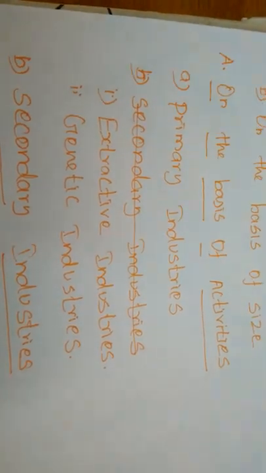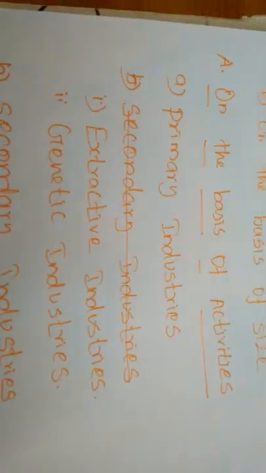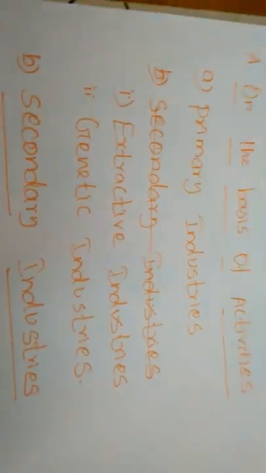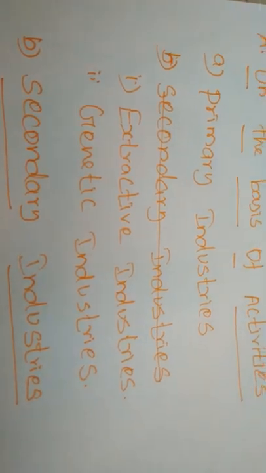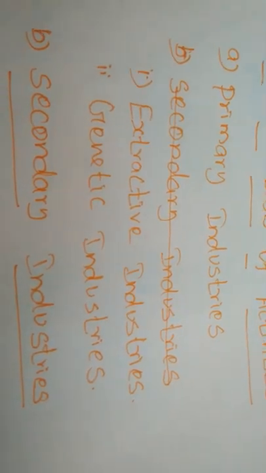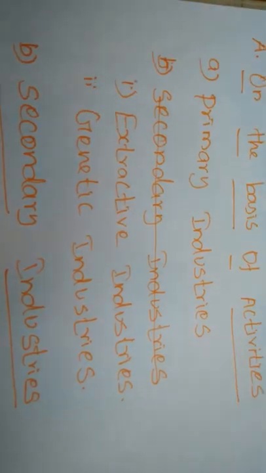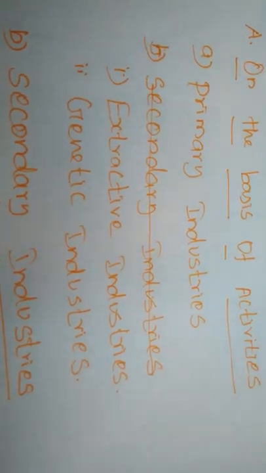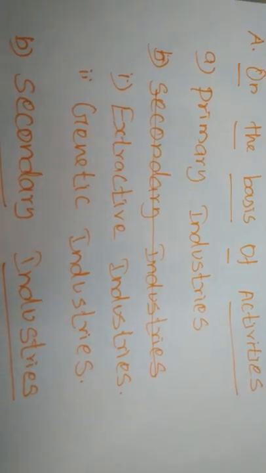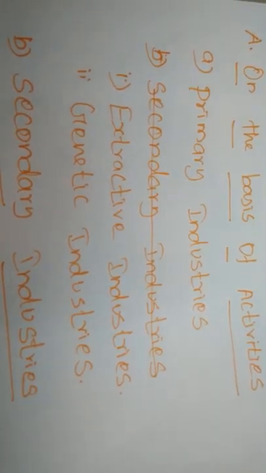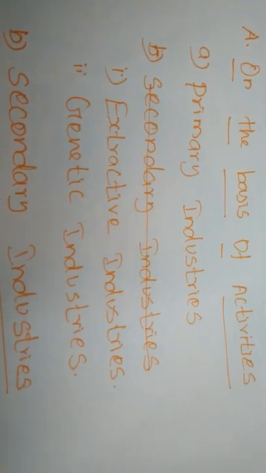First we will study the primary industries. Under the primary industries, two kinds of industries come: extractive industries and genetic industries. First we will study the meaning of primary industries. A primary industry is concerned with the production of goods with the help of nature.